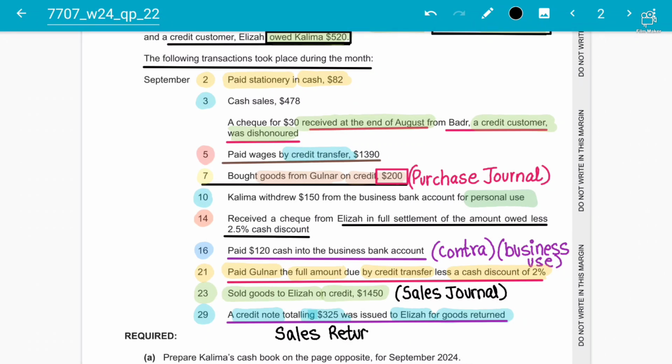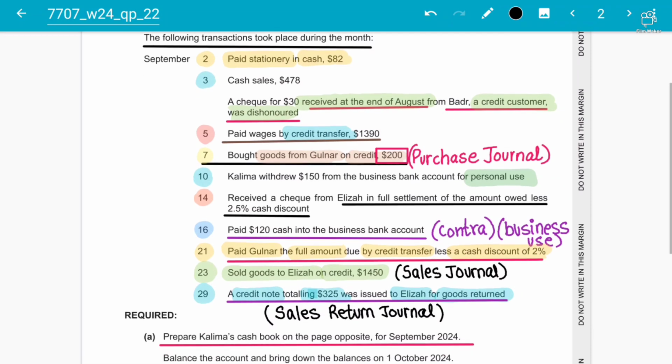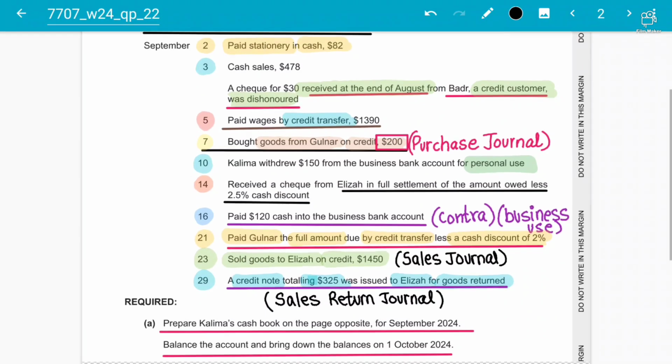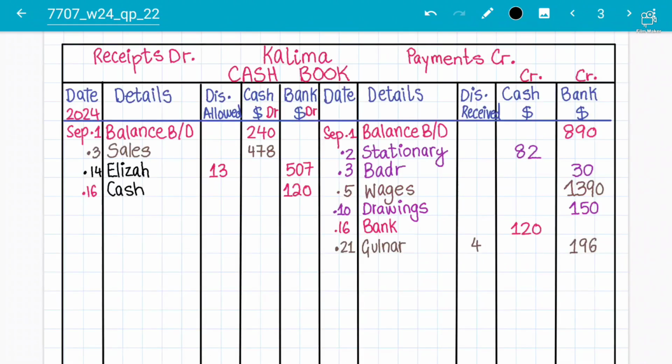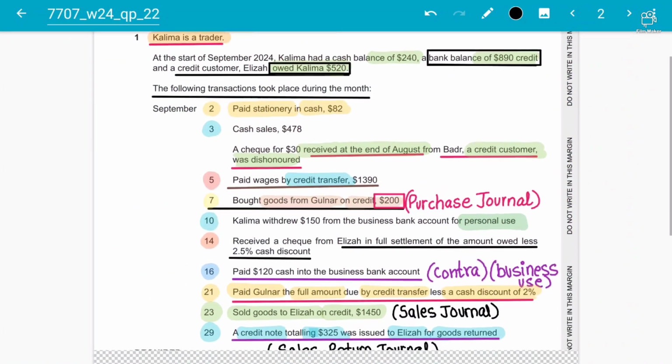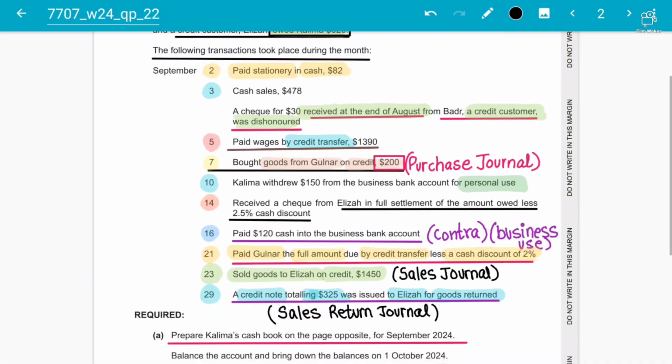This transaction will be recorded, students, in the sales return journal, which is another book of prime entry. Sales return journal records the customers returning the goods. So the September 23rd and September 29th transactions are just given to confuse the students, so they make a mistake, try to record them in the cash book and lose marks. Just make sure, otherwise the totaling will be wrong.